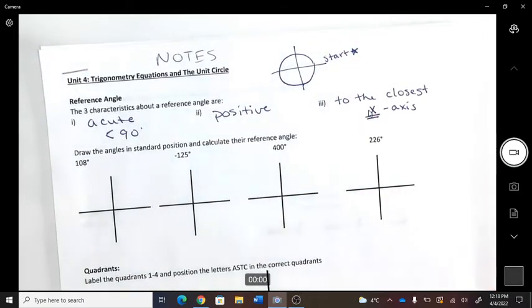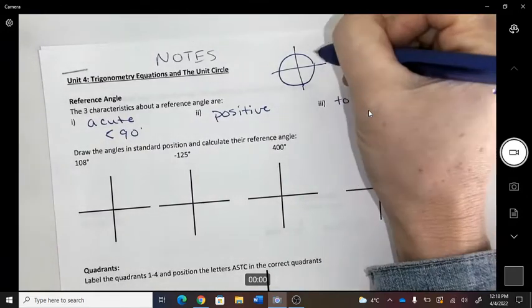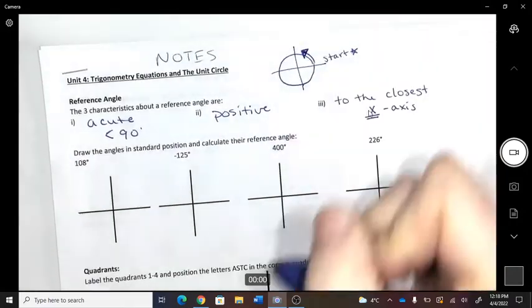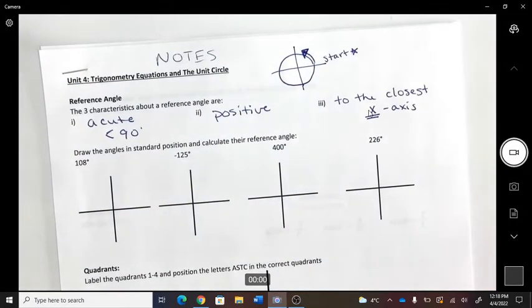This is the starting spot. And when we rotate, actually counterclockwise. So we're going to be starting here, and then we're going to work our way that way.